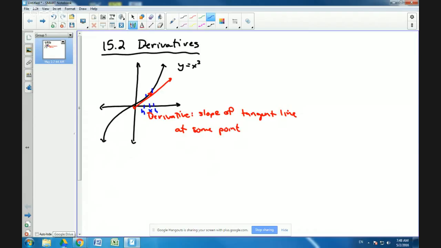And basically what we want to do is make h 0 so that it's actually on the x, right? So we're going to take a limit, and the h's are going to go to 0 so that we get the slope of the line at that point.